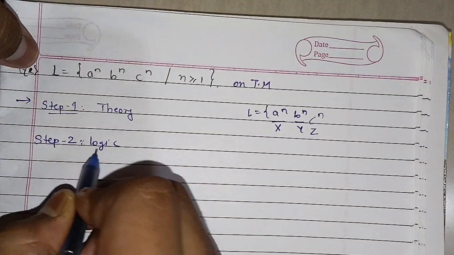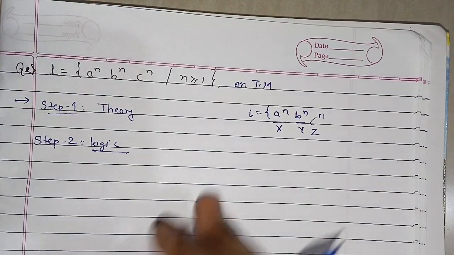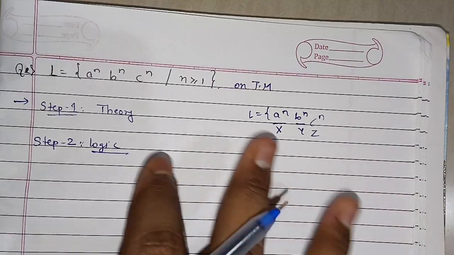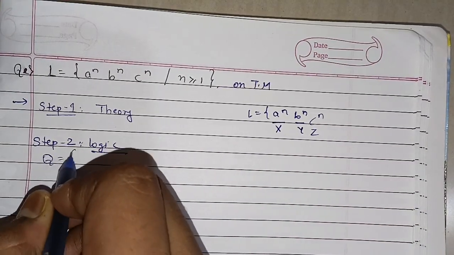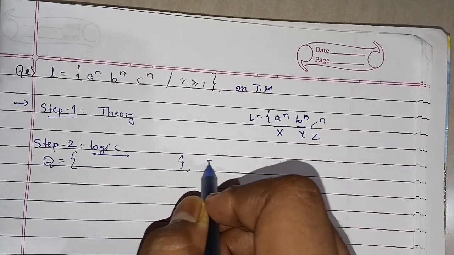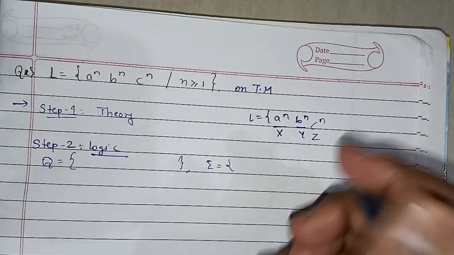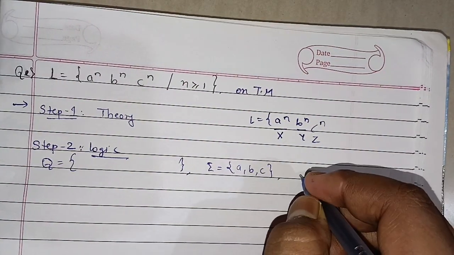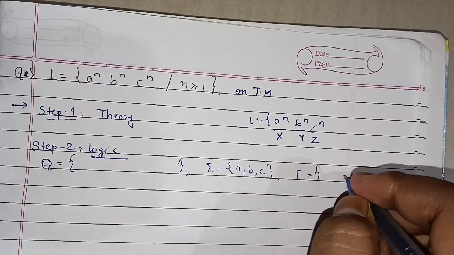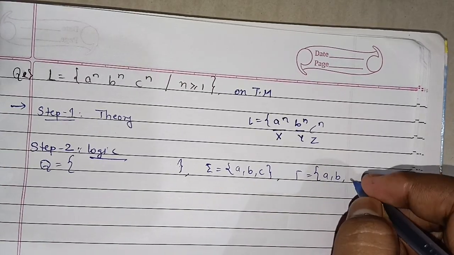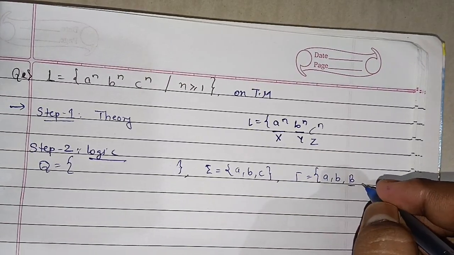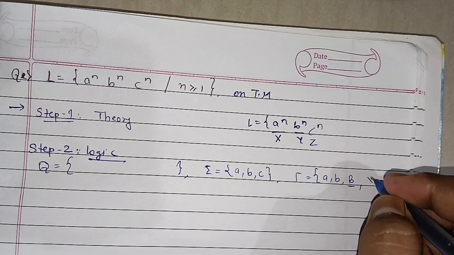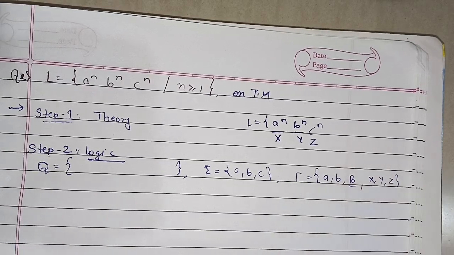In step 2 we have to write the things also, like the input alphabet is a, b, c, then our tape alphabet: a, b, capital B as the blank symbol, x, y and z.